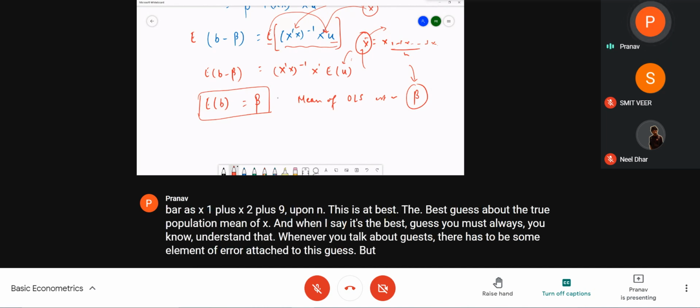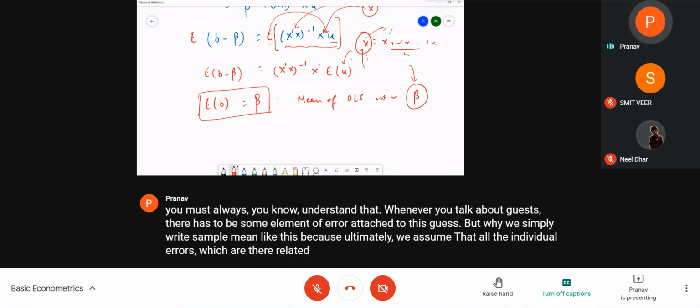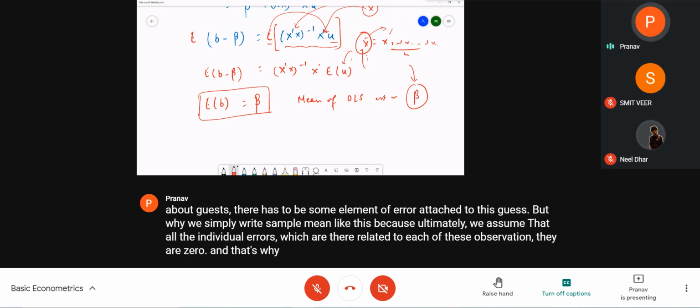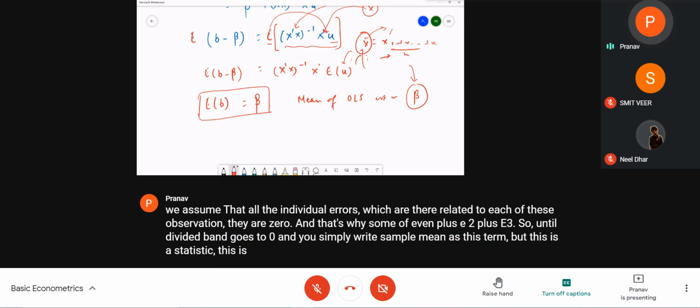But why do we simply write sample mean like this? Because ultimately we assume that all the individual errors related to each of these observations are 0. And that's why the sum e1 plus e2 plus e3 so on till en divided by n goes to 0, and you simply write sample mean as this term. But this is a statistic. This is an estimator.